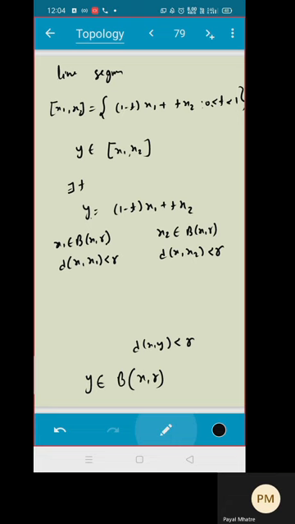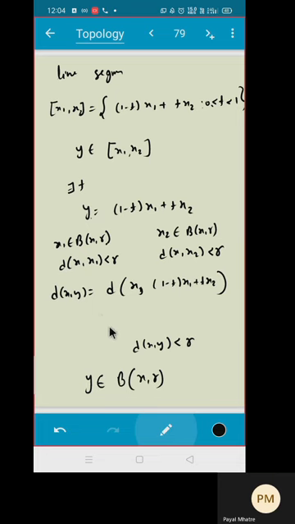Now can you complete it? Try to consider the distance between x and y. And what is y? Your y is (1 minus t) x1 plus t x2.